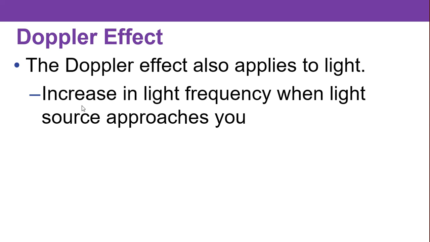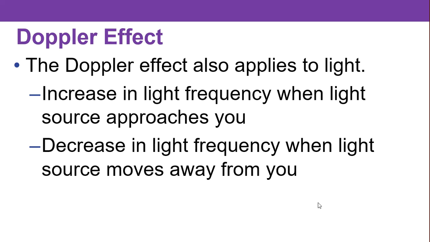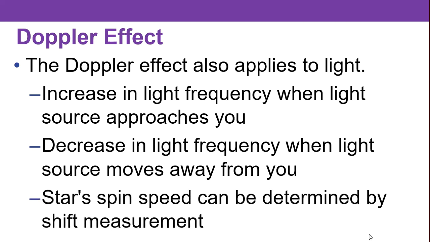So as you have an object that approaches you, the frequency gets higher for light, just like the pitch got higher in the case of the car horn. And similarly, if an object is moving away from you, then you get a decrease in the frequency of light, just like you got a decrease in the pitch of the sound from the horn.